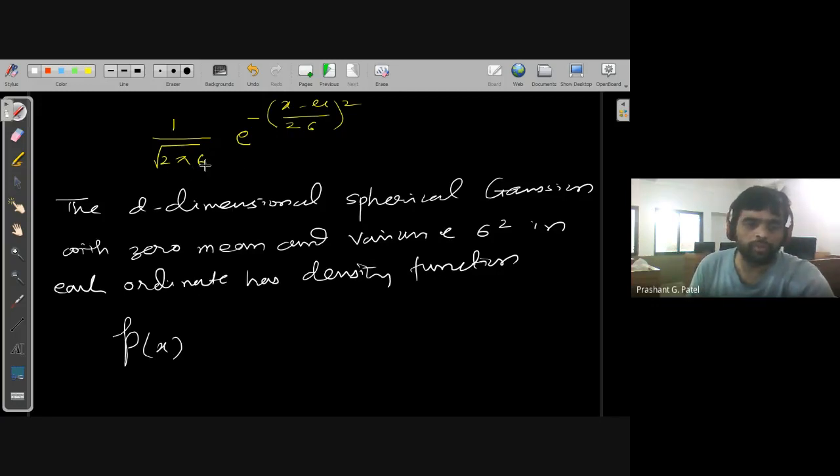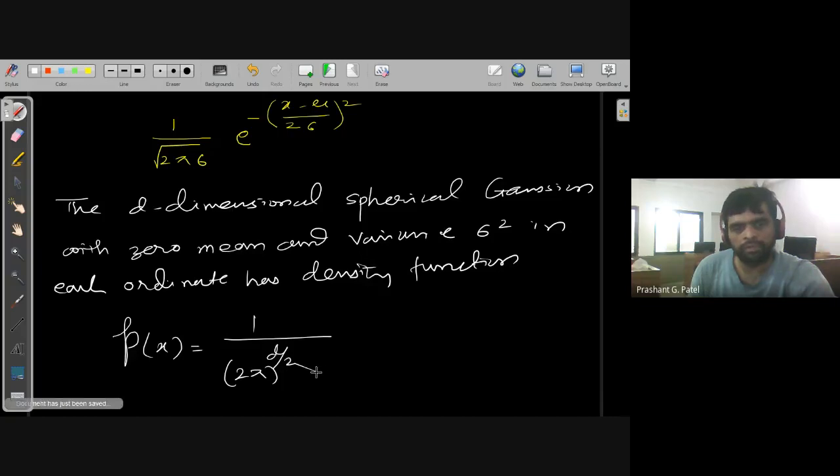Instead of this √(2π), here it is (2π) power d by 2. Instead of sigma, we have sigma power d, e power x minus mu. But instead of x, it is mod of x bar.